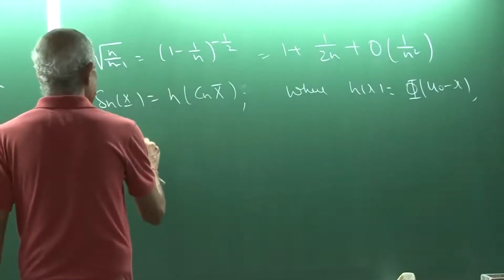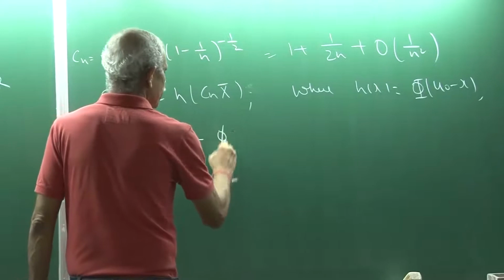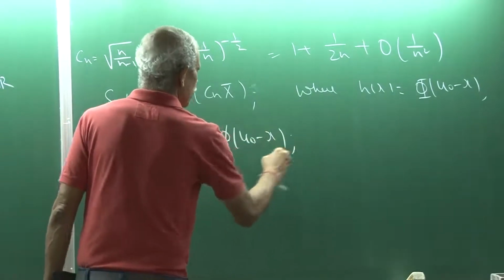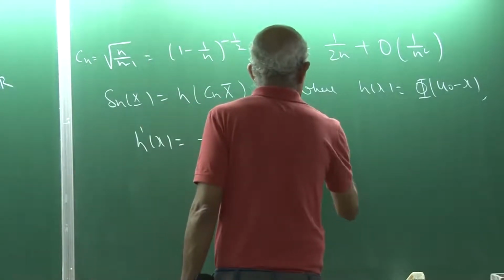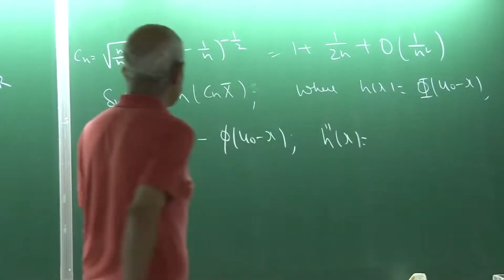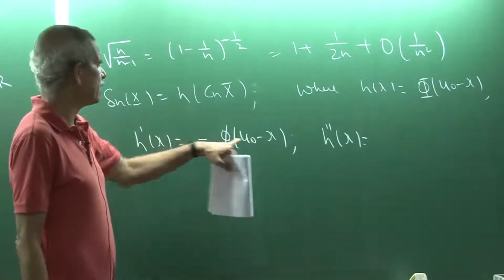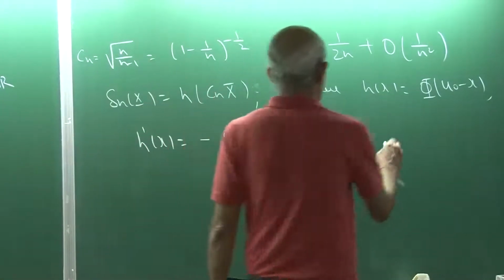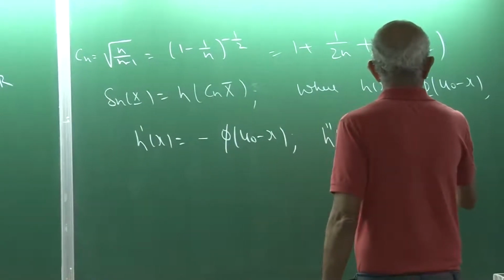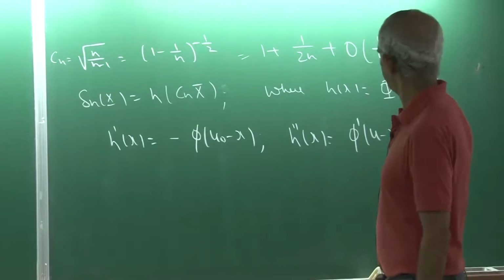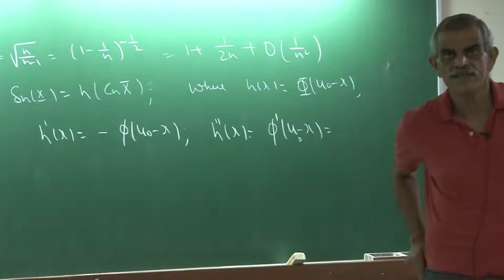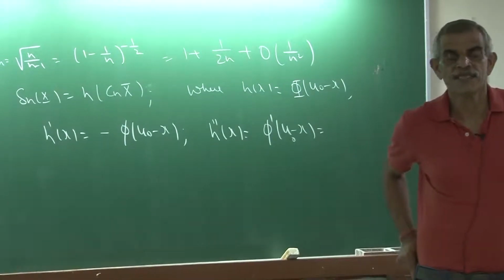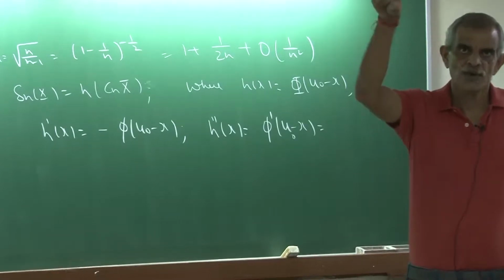So h prime x is nothing but small phi of u naught minus x, where small phi is the PDF of normal 0, 1 and capital phi is the distribution function of normal 0, 1. Let us see what h double prime x is. It is nothing but phi prime of u naught minus x, since minus minus becomes plus. And you know that if phi is the PDF of normal 0, 1, then phi prime t is the same as minus t times phi t, because phi t is 1 upon root 2 pi e to the power minus t square by 2.